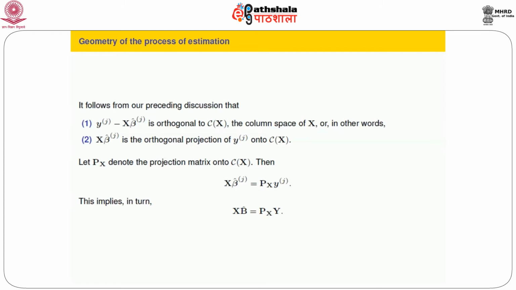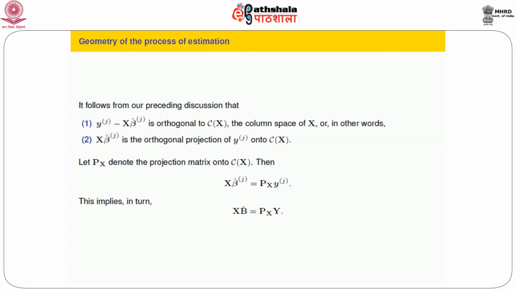So let's see what we can do with this. Let P_X denote the projection matrix onto C(X), that is, the column space of X. Then X beta hat^j is equal to P_X y^j. That's what we learned from this. This implies in turn, if we look at the X B hat matrix, what is X B hat?